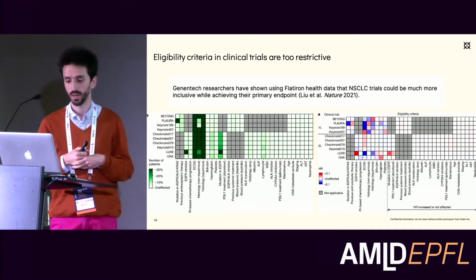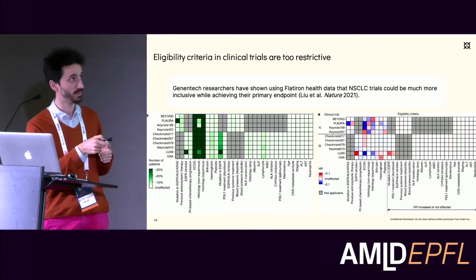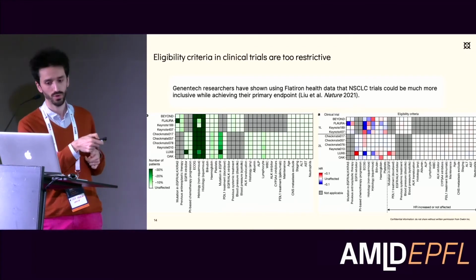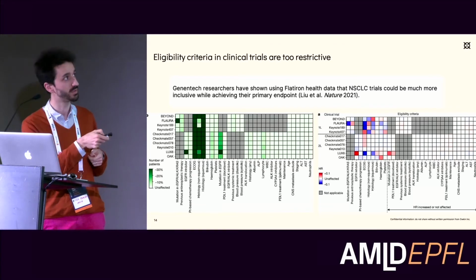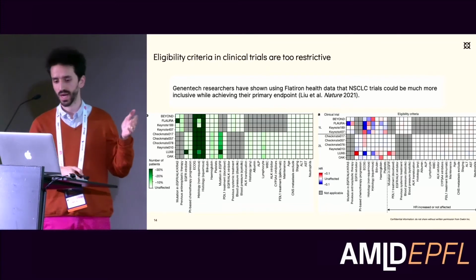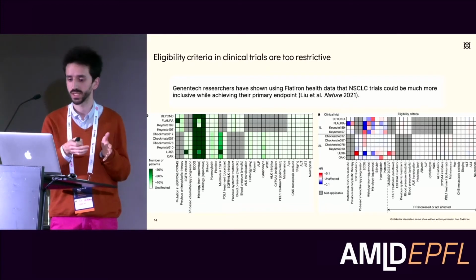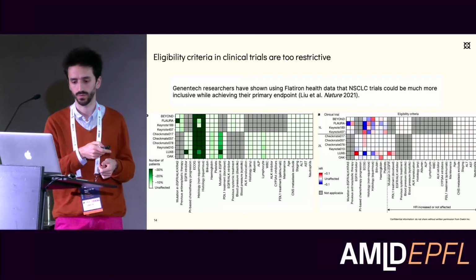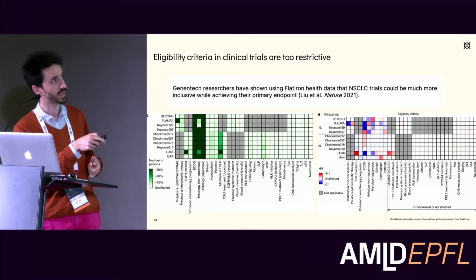inclusion criteria, both on the number of patients that are eligible. So you see here the variables that have the most impact on reducing the pool of patients that are eligible. For example, it's ECOG and histology.